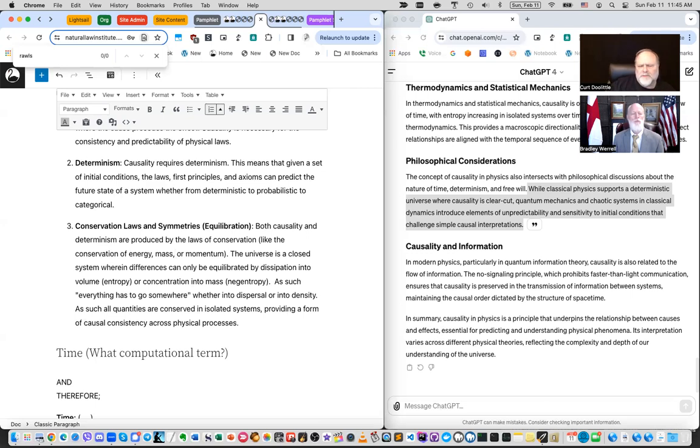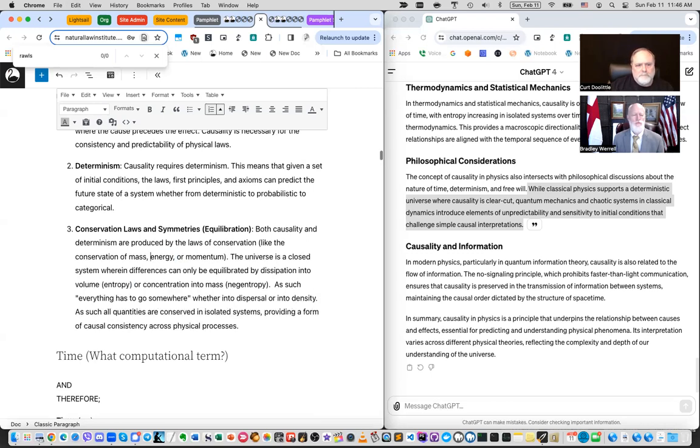Okay. Which order do we put them in? Mass is first. It's interesting how momentum is like energy or information.